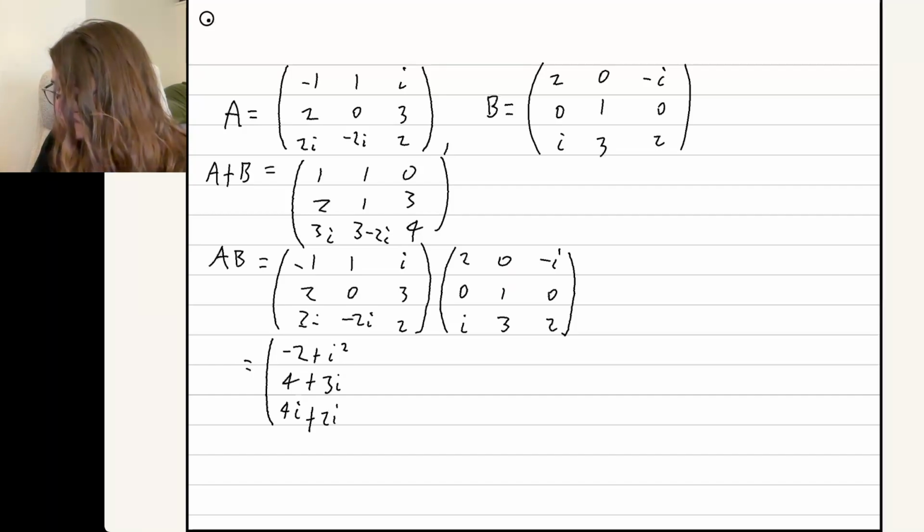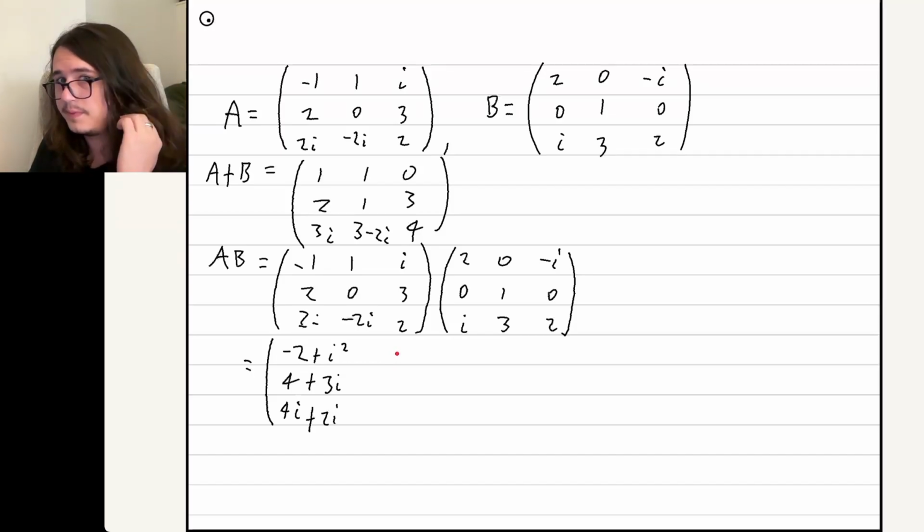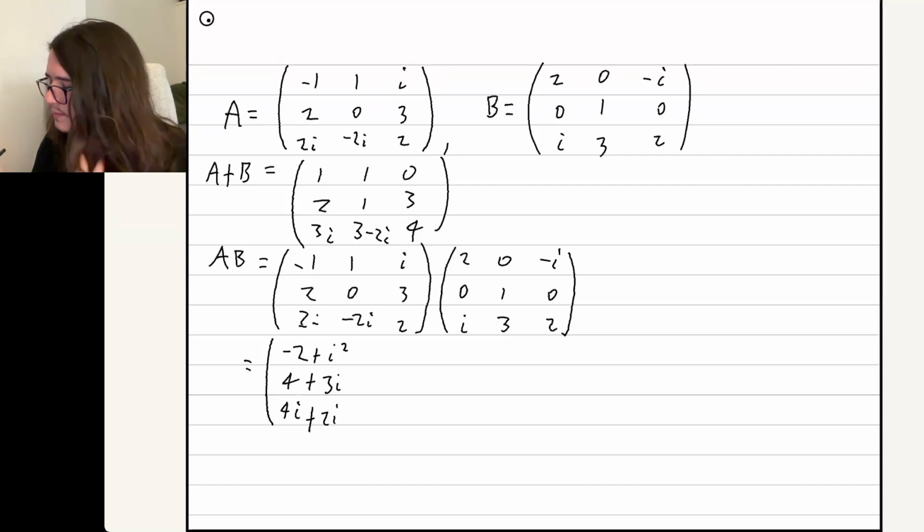So for this element here, we have to do the first row of A dotted with the second column of B, right? So it's minus 1 times 0, which is 0, 1 times 1, which is 1, i times 3, which is 3i.